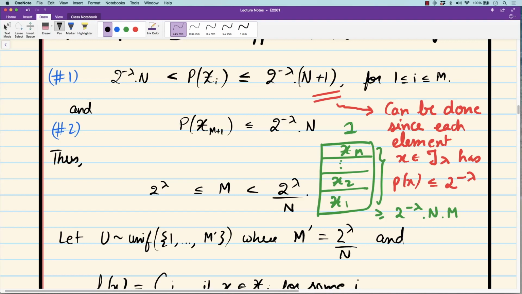The sum of these probabilities must exceed the probability of T lambda. But each part has probability less than this. So the total sum is m times this, and this must exceed this. So the total number of parts you get is this by this. So you can show that you can find these many parts.